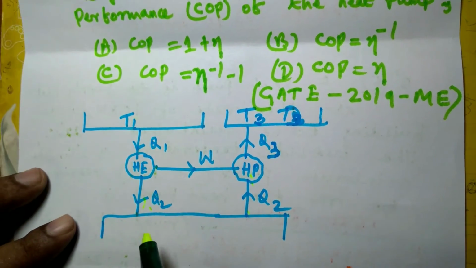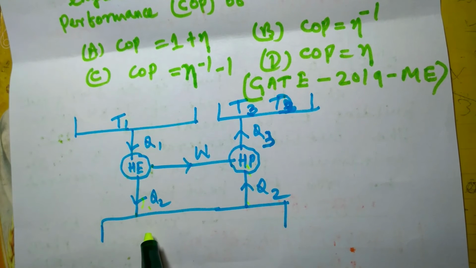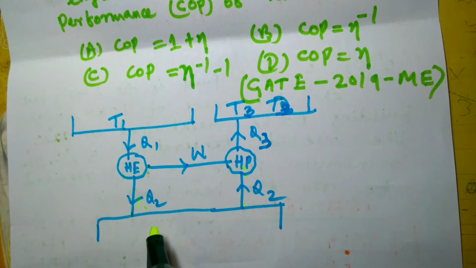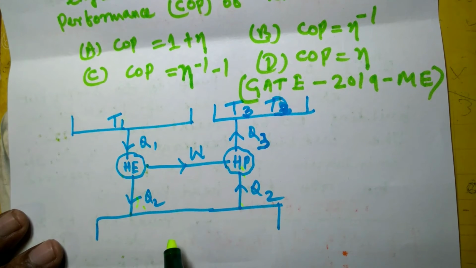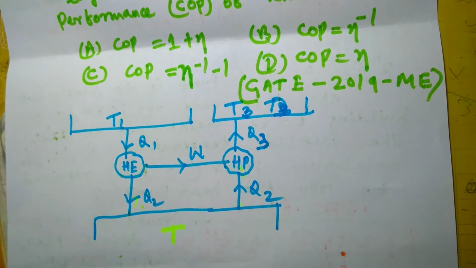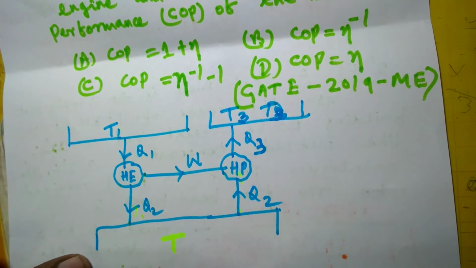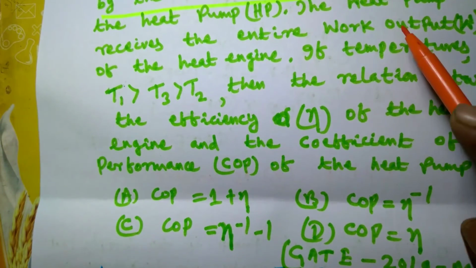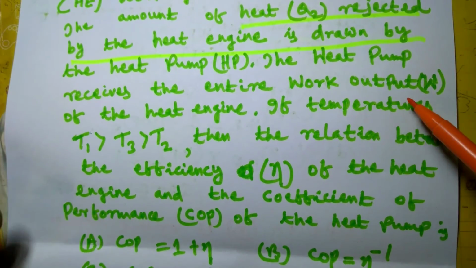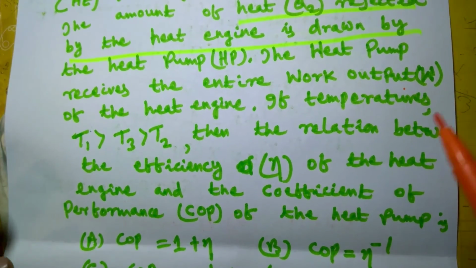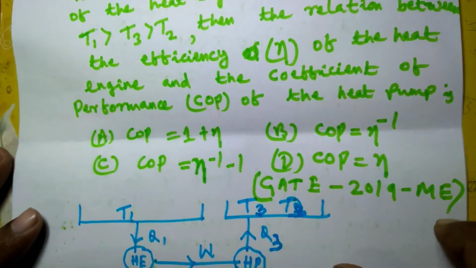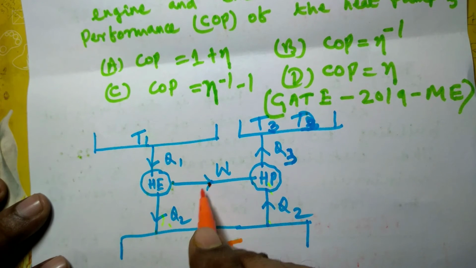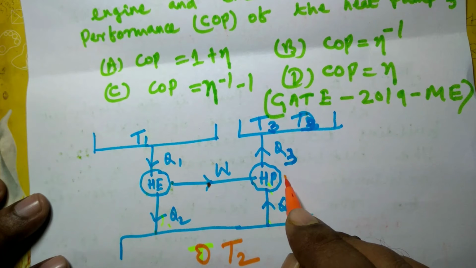Whatever heat is rejected, and this temperature is, you see, this temperature is T2. You see, the heat pump receives the entire work output W of the heat engine. So whatever work is produced by this heat engine goes on to drive the heat pump.